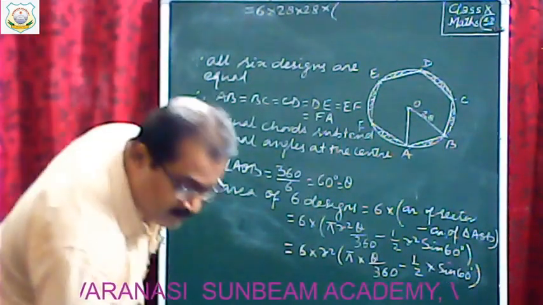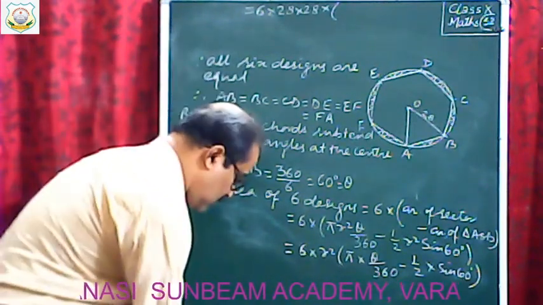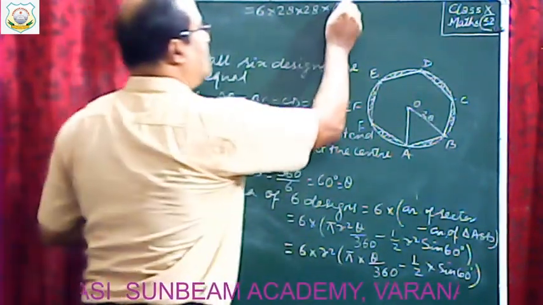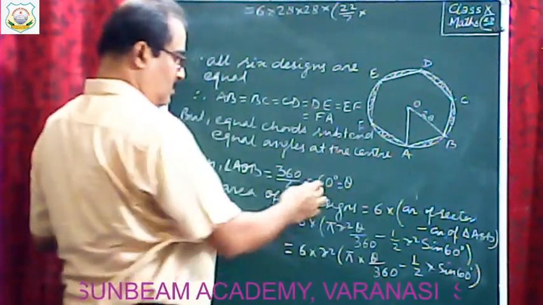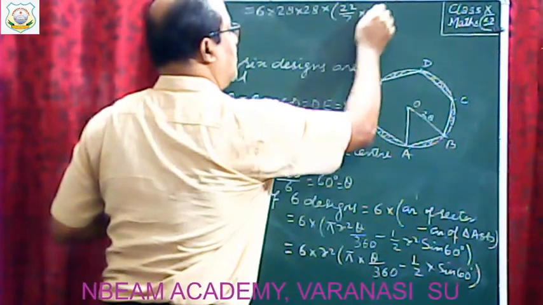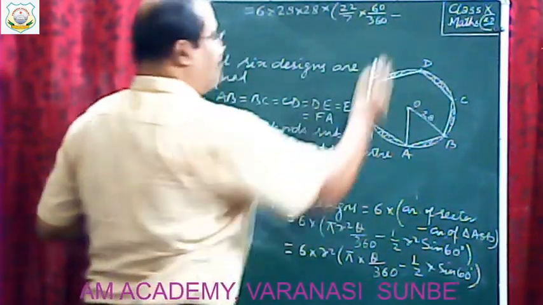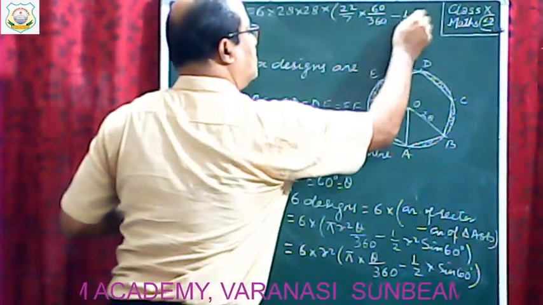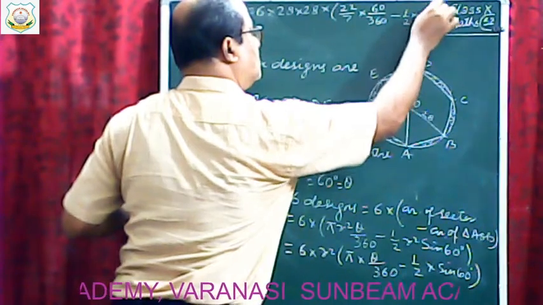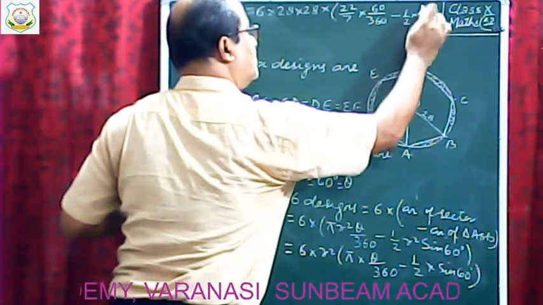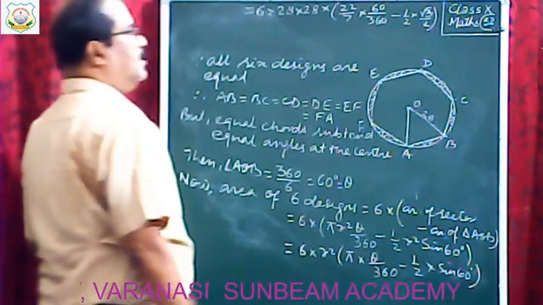Pi it is given. Now root 3 equals 1.7 given. So pi you have to write 22 by 7 into theta how much? 60 upon 360 minus half into root 3 by 2.